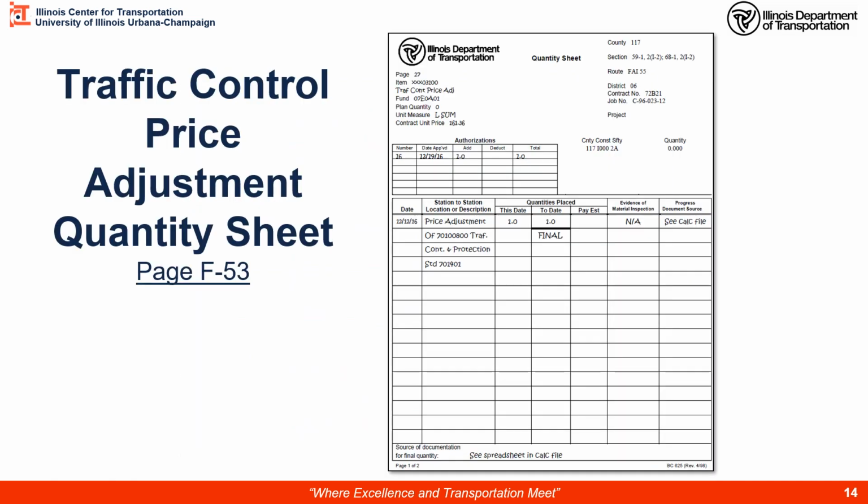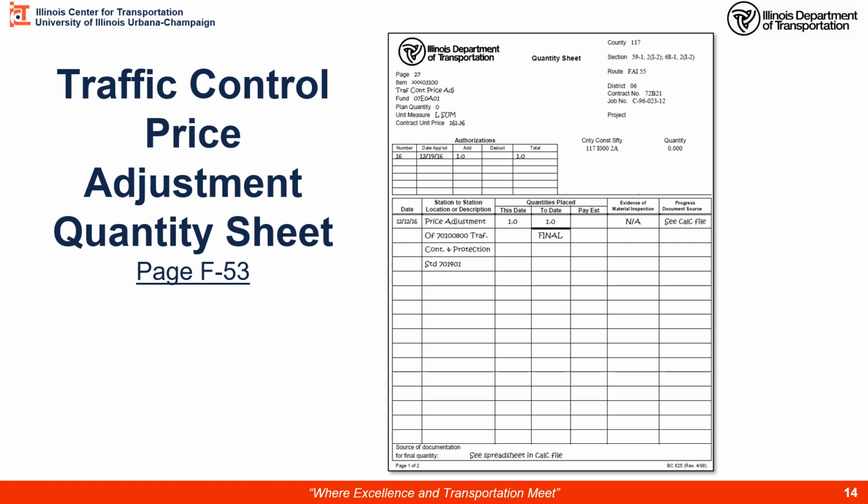So let's go to page F53 of the doc guide. And here we have the quantity sheet for traffic control. And it's showing that we have an addition of a price adjustment for our traffic control standard. So on this date, we calculated the adjustment. So we're going to have one, it's going to be a lump sum of 1.